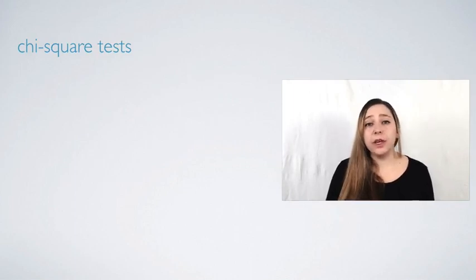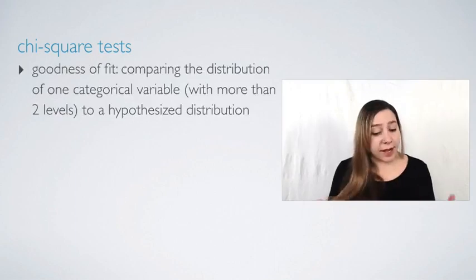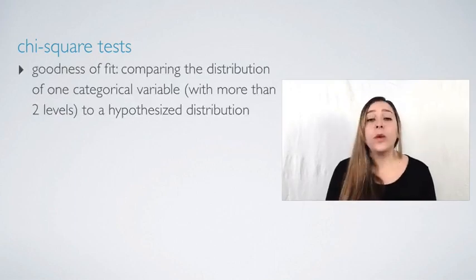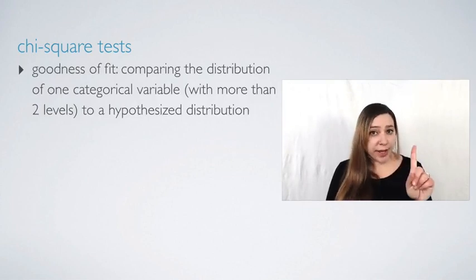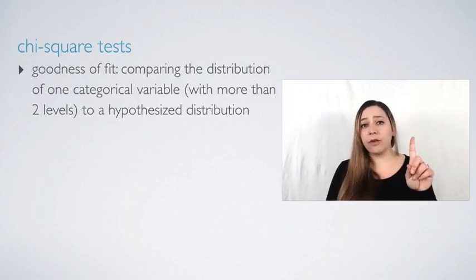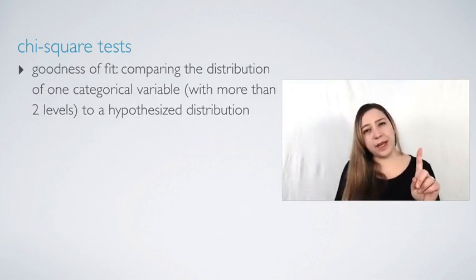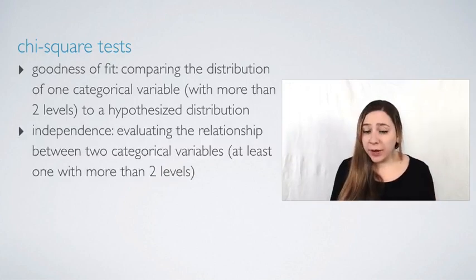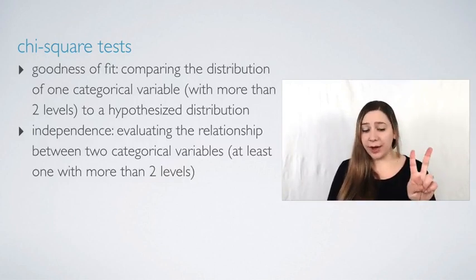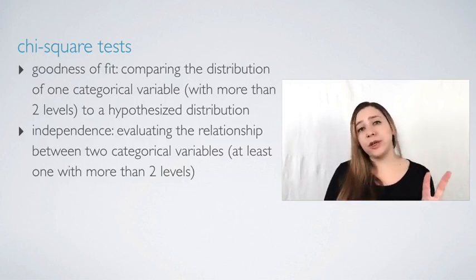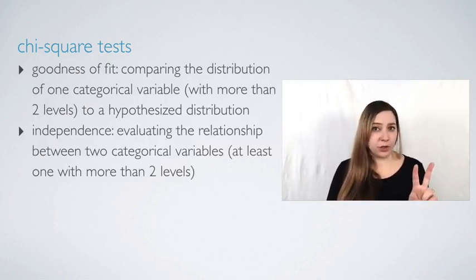To recap, we saw two types of chi-square tests: chi-square test of independence and chi-square test of goodness of fit. In a chi-square test of goodness of fit, we compare the distribution of one categorical variable with more than two levels to a hypothesized distribution. In a chi-square test of independence, we evaluate the relationship between two categorical variables, one of which at least has more than two levels.